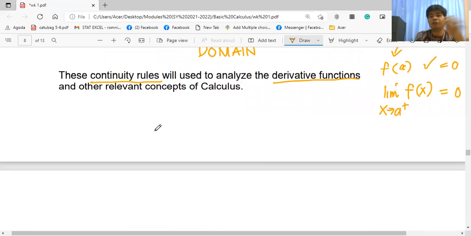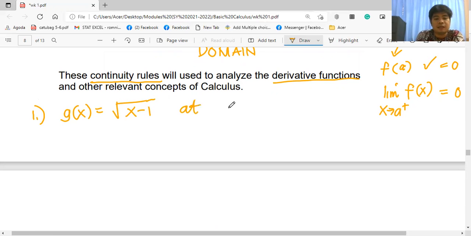Now, let's have two sample problems. Let's check if g of x equal to the square root of x minus 1 is continuous on the interval from 3 to all numbers greater than 3. You can check this easily. If you substitute 3 here, g of 3 gives the square root of 3 minus 1, which is the square root of 2.